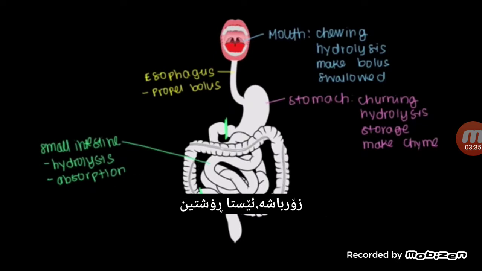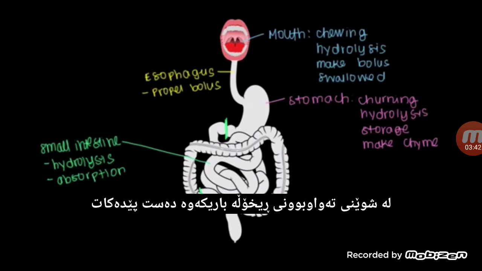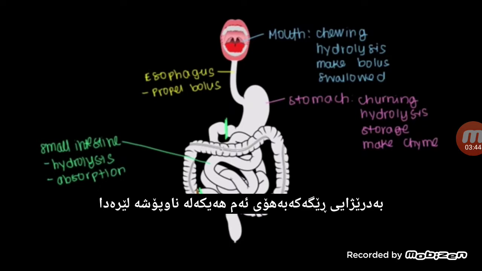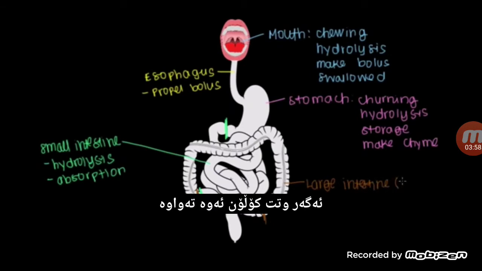Great. So now that we've gone through the small intestine, what do you think shows up next? Starting from after the small intestine ended, all the way through this lined structure right here, we are going to be passing through the large intestine. The large intestine. Do you guys remember the other name for the large intestine? It starts with a C. If you said colon, absolutely right.